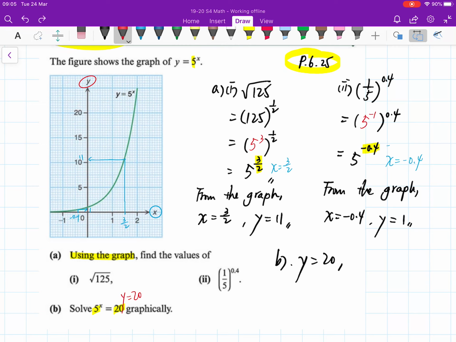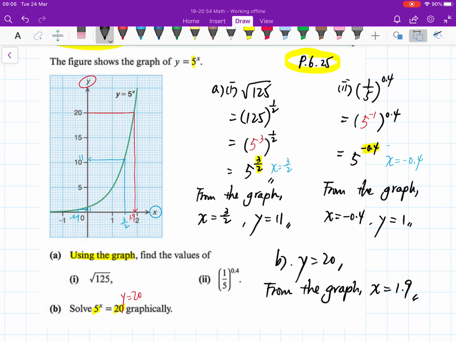Y equals to 20. And then we have to draw a vertical line to reach the x-axis, which is 1.9. So therefore, again, we can draw the conclusion from the graph. x is equals to 1.9.